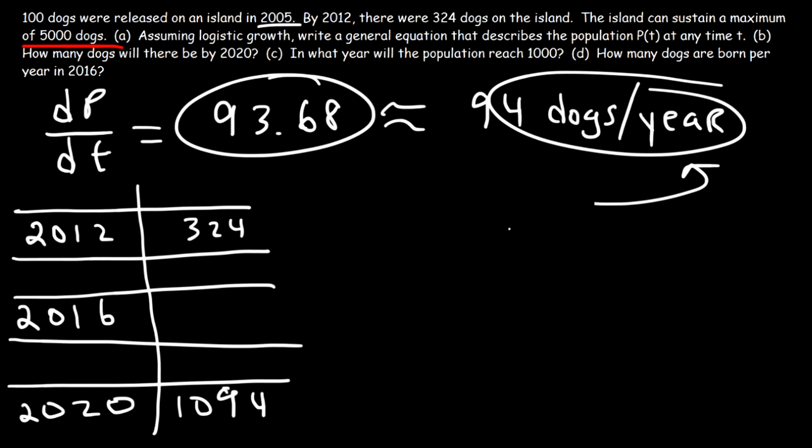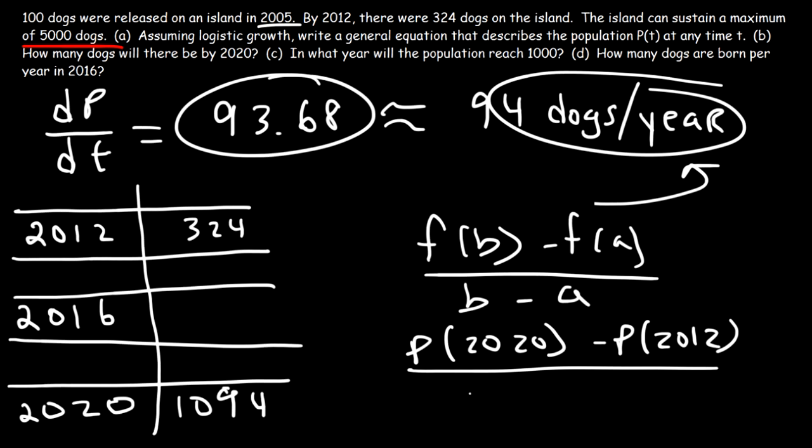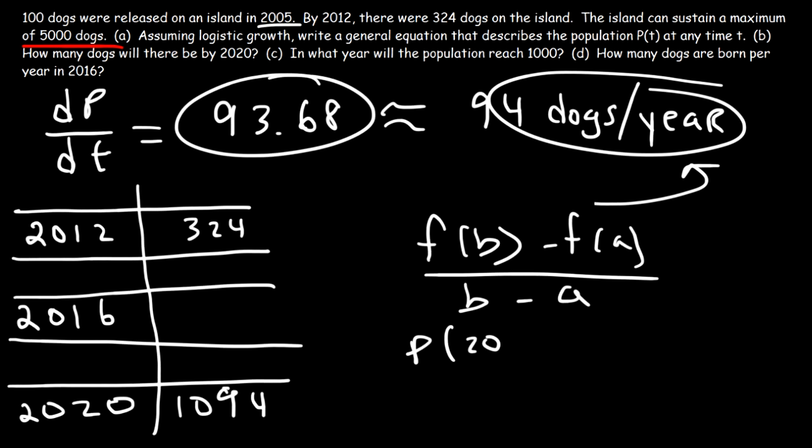So to find the average rate of change, it's basically f(b) minus f(a) over b minus a. In this case, it's the population in the year 2020 minus the population in the year 2012 divided by the difference of these 2 years. So let's go ahead and get the answer.